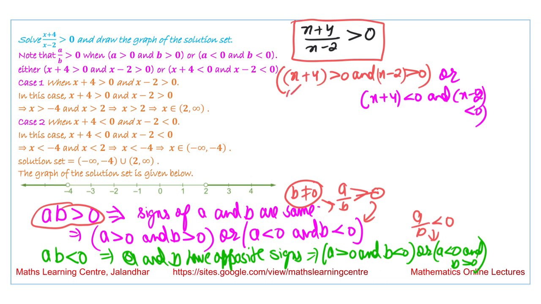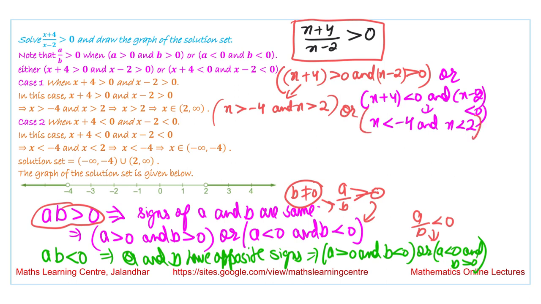If we solve this part, it represents x is greater than minus 4 and x is greater than 2. This part represents x is less than minus 4 and x is less than 2, and it is "or" in between these two.